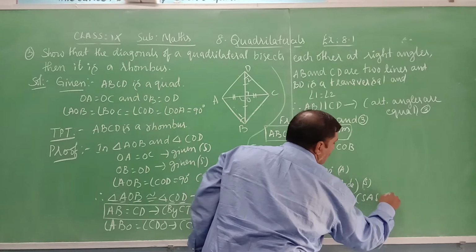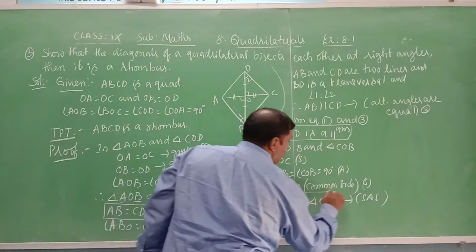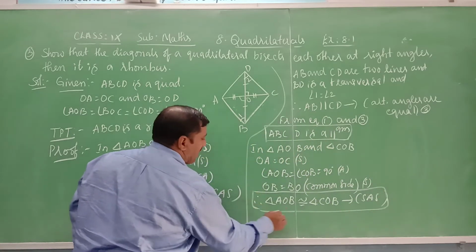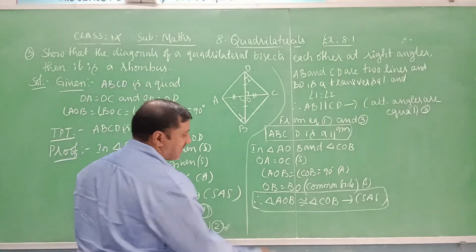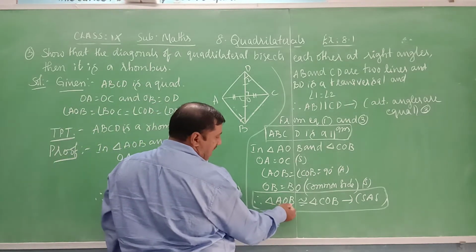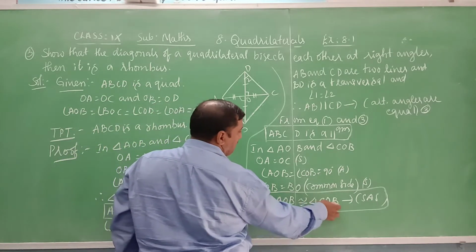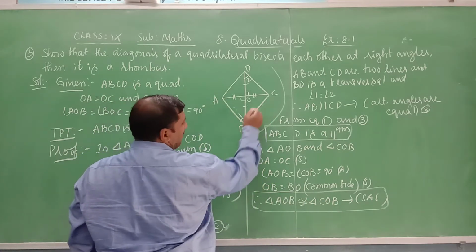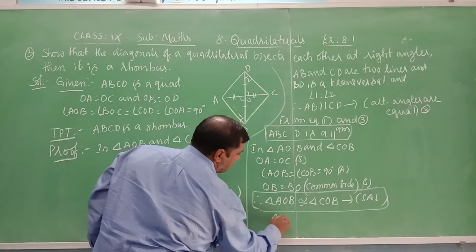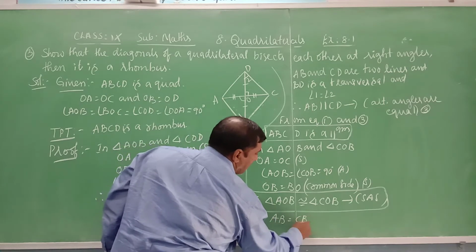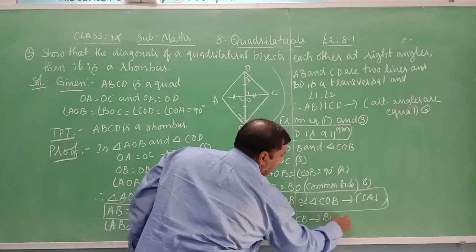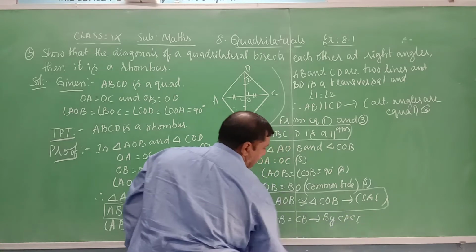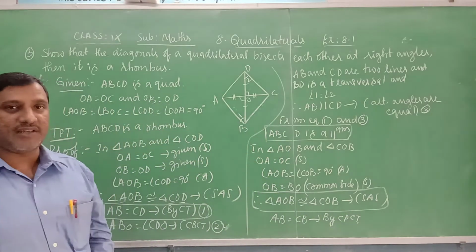Now when these two triangles are congruent triangles, what about their corresponding sides? See here, A and B, first letter and second letter, C and B, third and fourth. So AB is equal to CB, we got this, by CPCT. AB is equal to CB or BC.